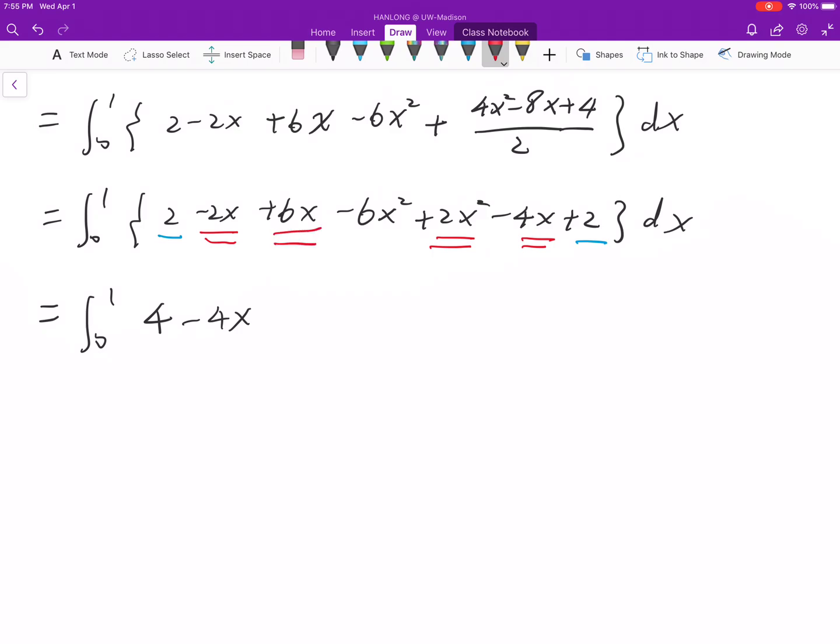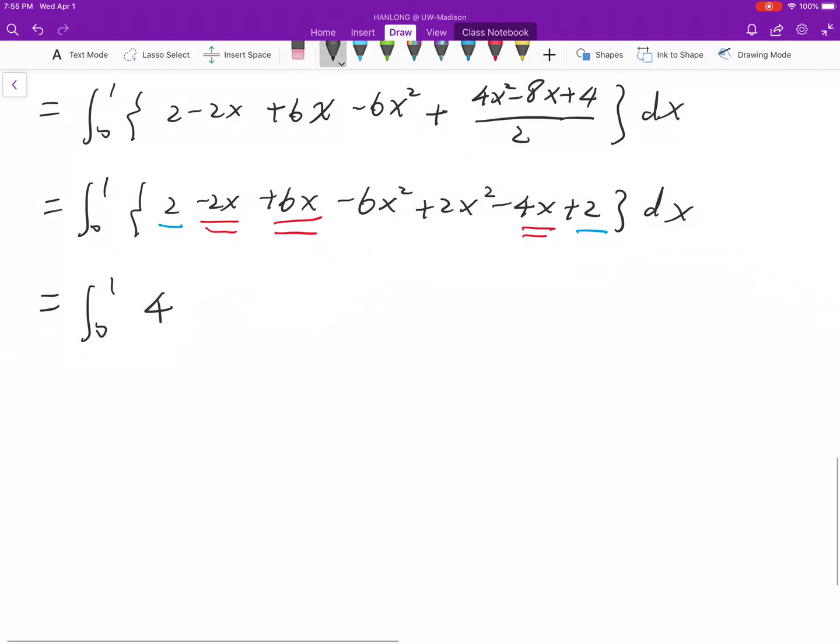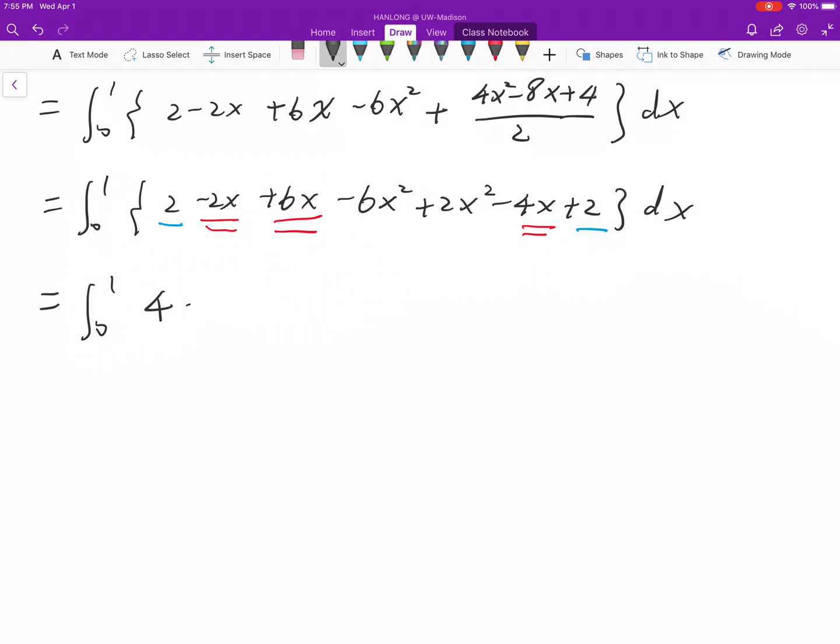So combine this one. Sorry, you don't have. This is 2. This is squared. Okay, so you don't have linear order term. So plus 0 and plus.